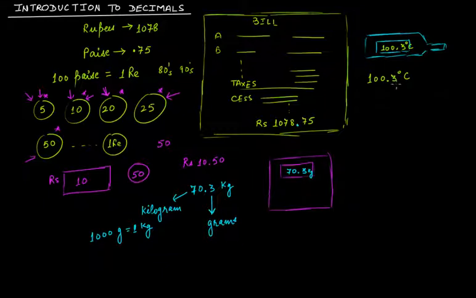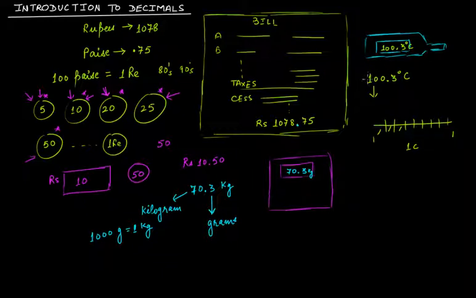What is this actually, 3? So this is actually Celsius, and this 0.3 tells you that if you have 1 Celsius, from here to here, divided into 10 equal parts, then 0.3 is telling you 3 equal parts out of these 10 equal parts. So it's actually about fractions.